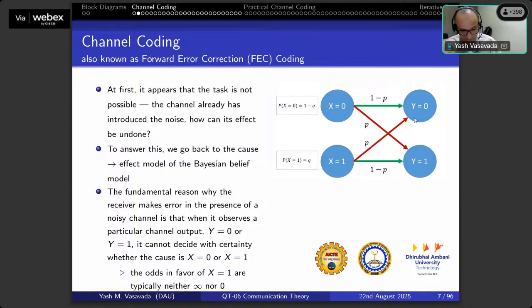Now, engineers realized a long time back that, well, actually we can do something. We can indeed do something.